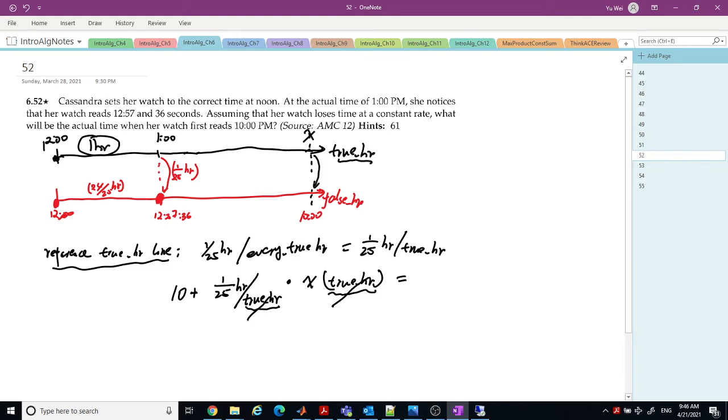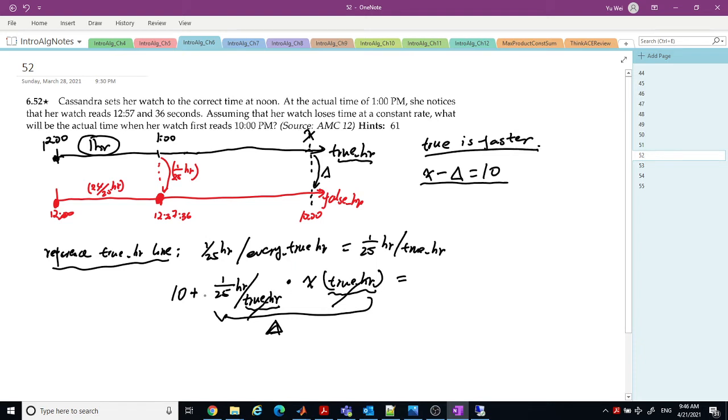And this is the difference, delta, right? So we have a relationship: X minus delta equals 10, because the true is fast. True is faster, right?